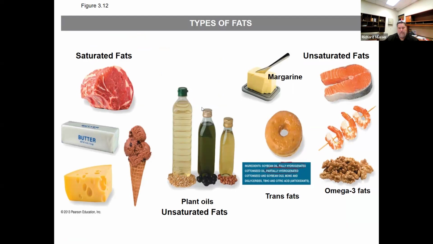So again, butter would be better for you than margarine, even though it's a saturated fat, because trans fats are actually worse. But again, you're trying to limit saturated fats and particularly trans fats, and then there'll be some plant oils that might not be as good for you as others.